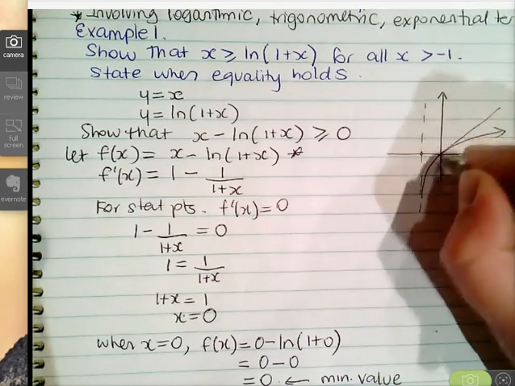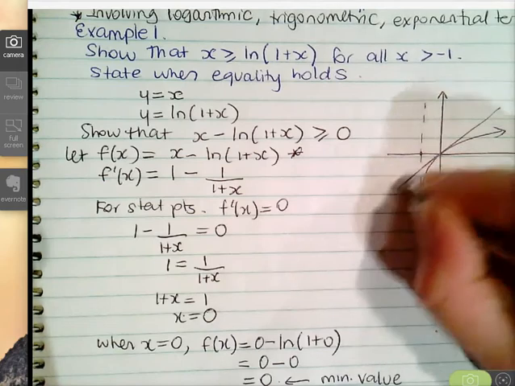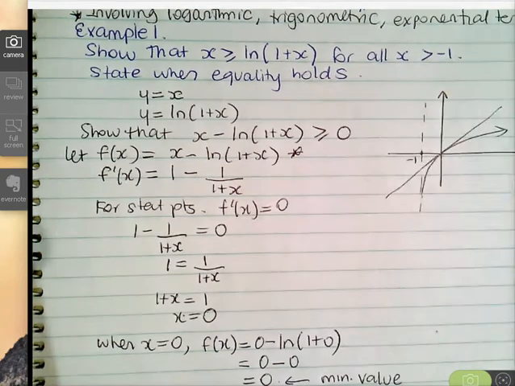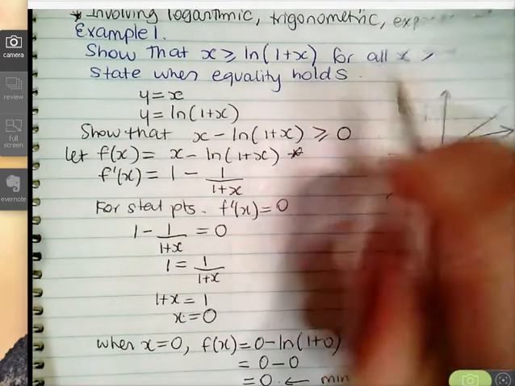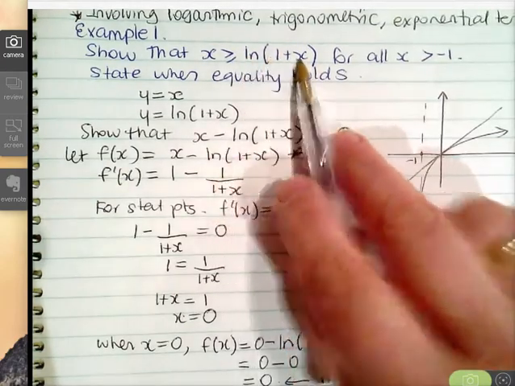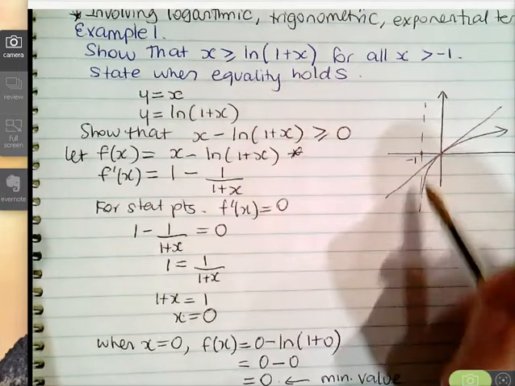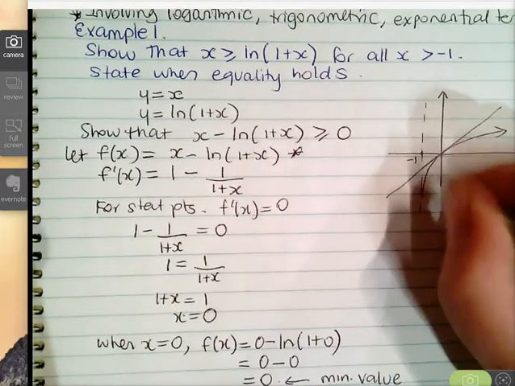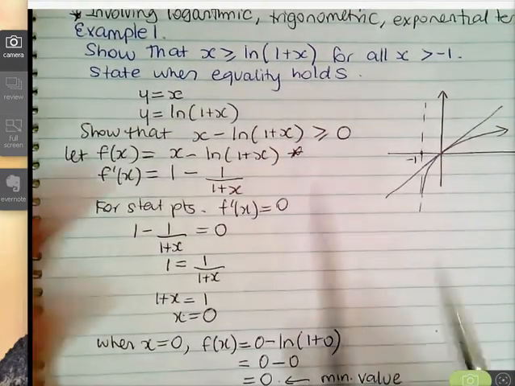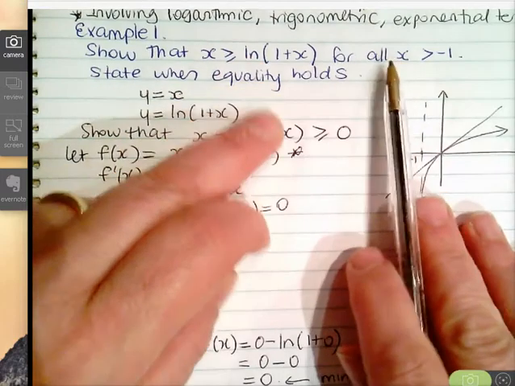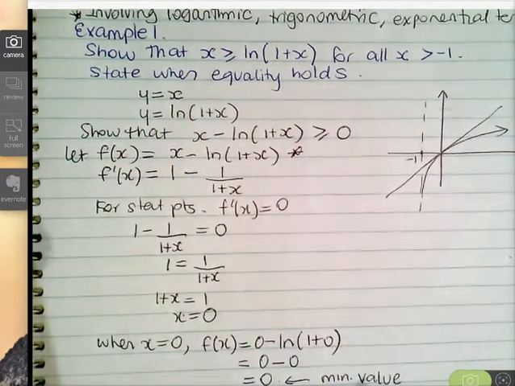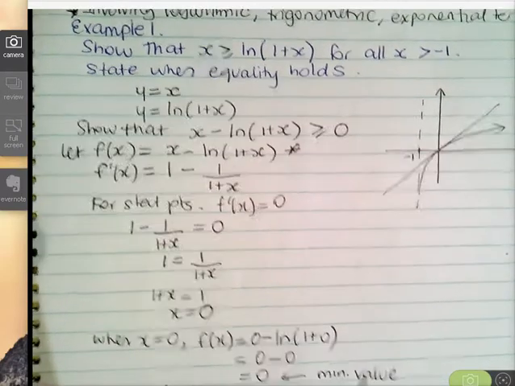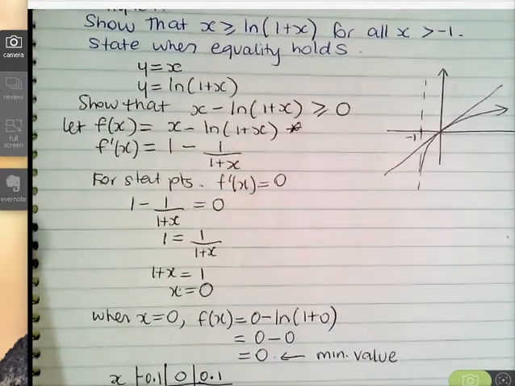We're only looking at values of x greater than negative 1 because for the function ln(1 plus x) there is an asymptote at x equals negative 1. That's why it asks only for values of x greater than negative 1, not for all real x, as they will ask for all real x in some of the other questions that we're going to do.